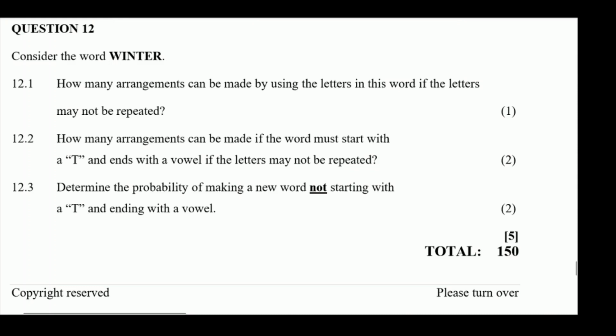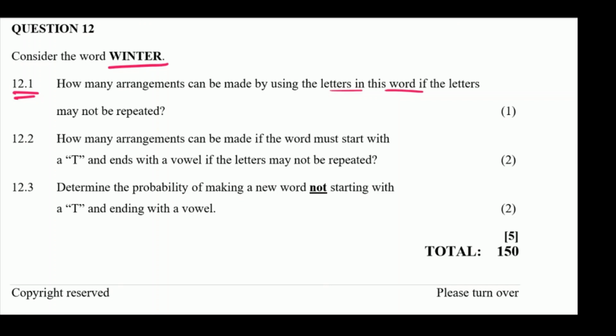So now we're going to do question 12, our last question of the paper. We're given the word winter. In 12.1, we are asked to find the arrangements that can be made using the letters in the word winter if the letters may not be repeated.